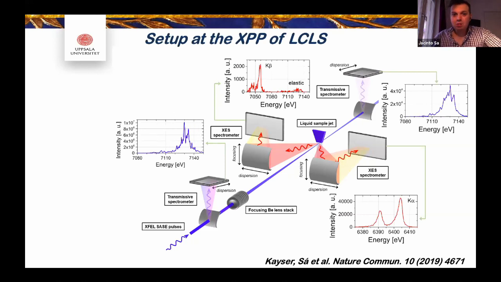Then we have two von Hamos spectrometers to be able to cover the entire energy range to have the RIXS, so to have the K alpha and the K beta. And then you would have another kind of crystal with a high reflection to measure the pulse after the sample. Of course, when you are at the free electron laser, you have to do this in a jet because it's a quite destructive beam.